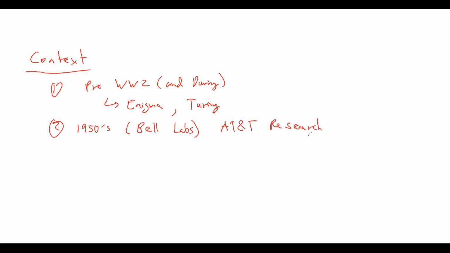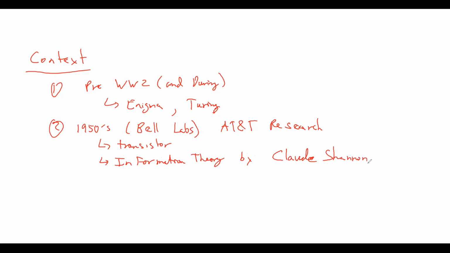Okay, and so then we had two things that are very important for computing, which was the transistor, and also information theory, which back then was called communication theory. Information theory was developed by a gentleman named Claude Shannon.